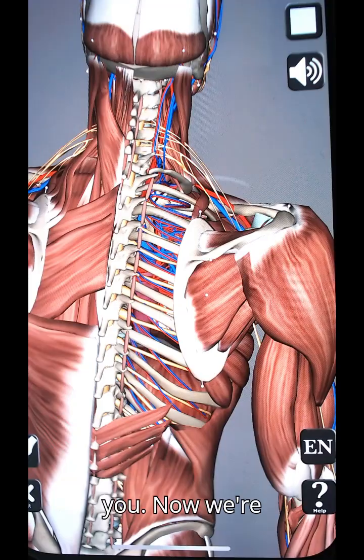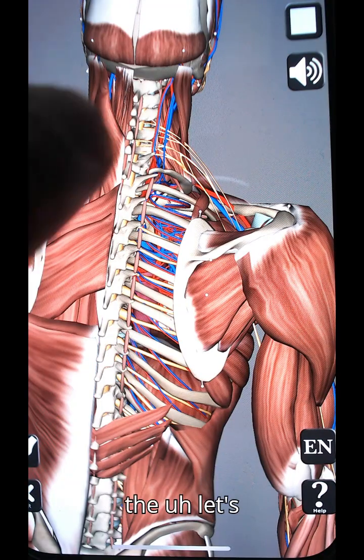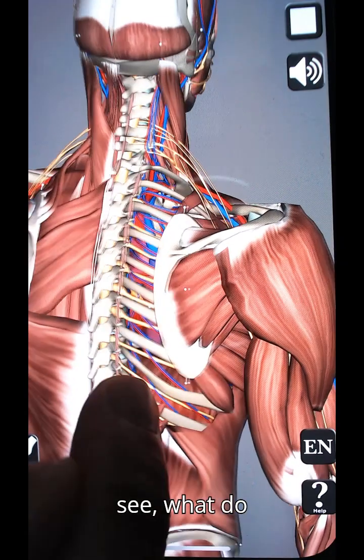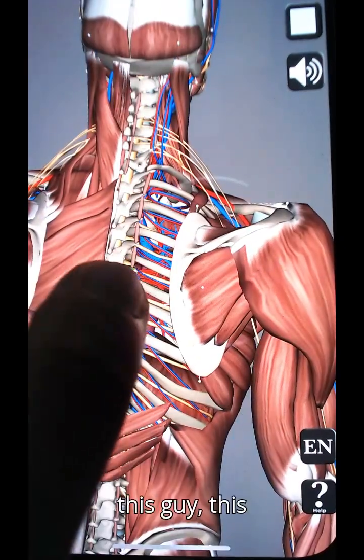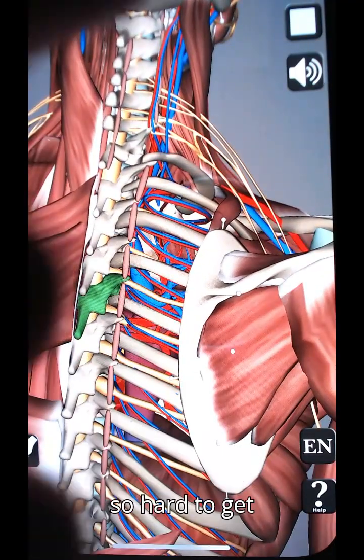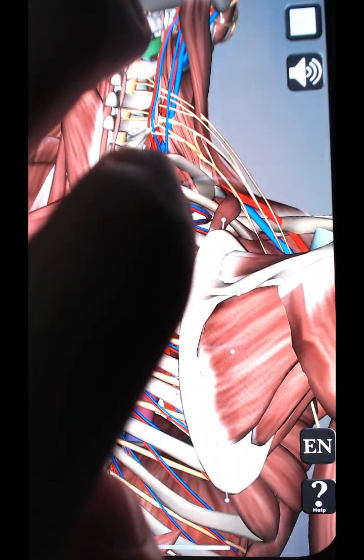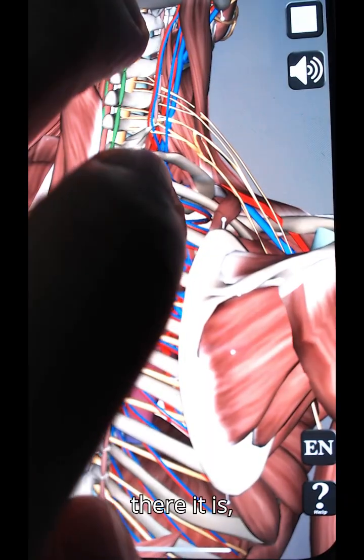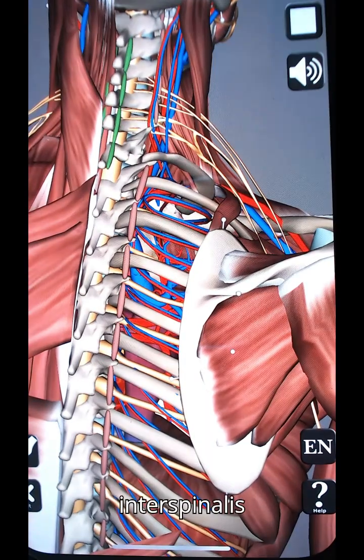Now, we're gonna go to the, let's see, what do we have left? This guy, this guy. No, oh, they're so small. They're so hard to get to. That one. There it is. Boom. The interspinalis cervicis. Quite a few small muscles.